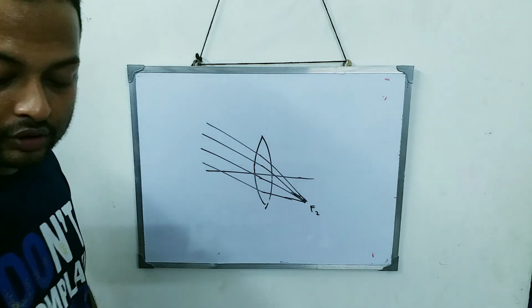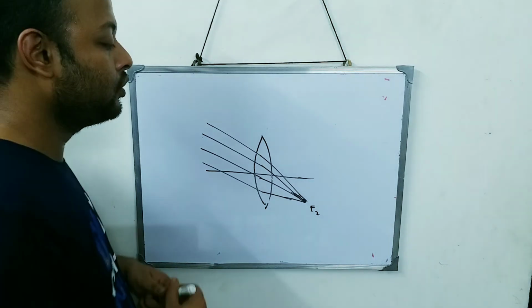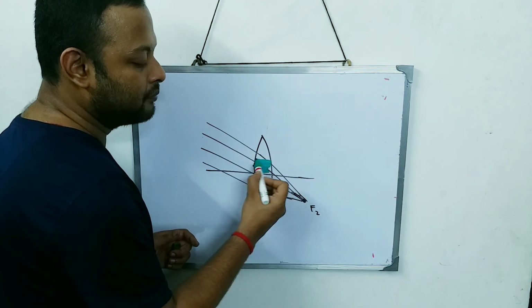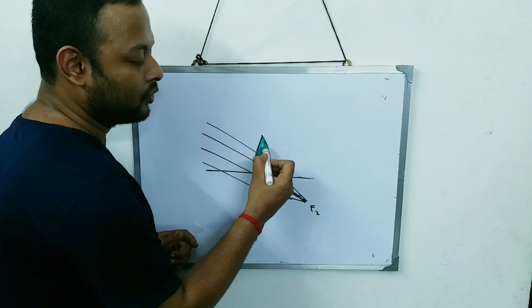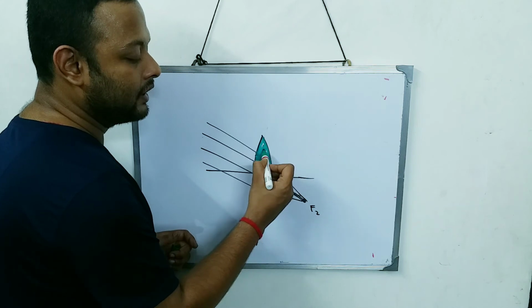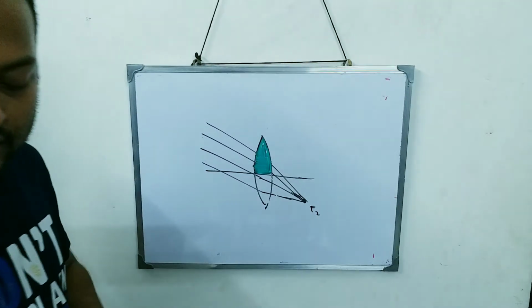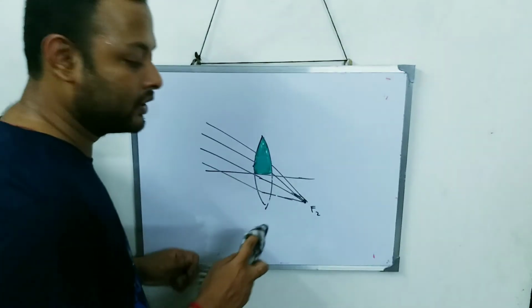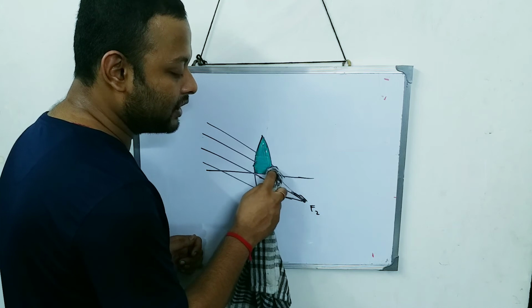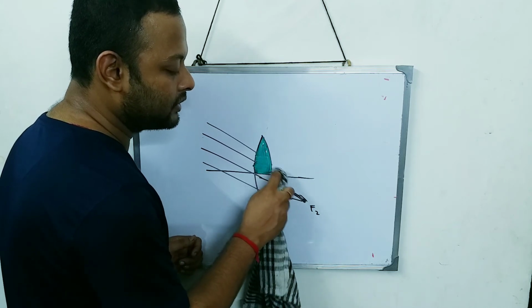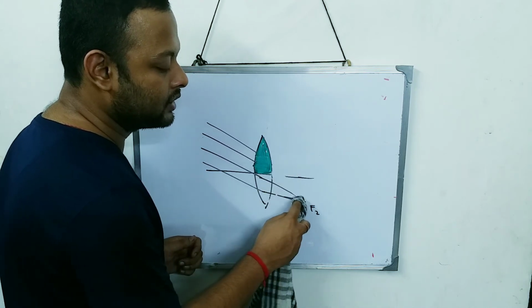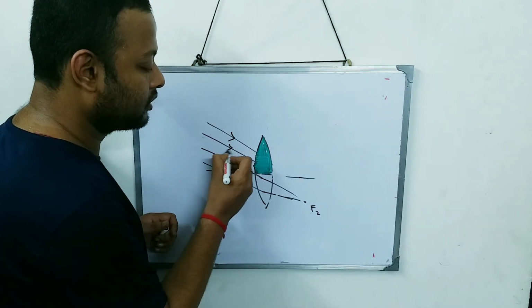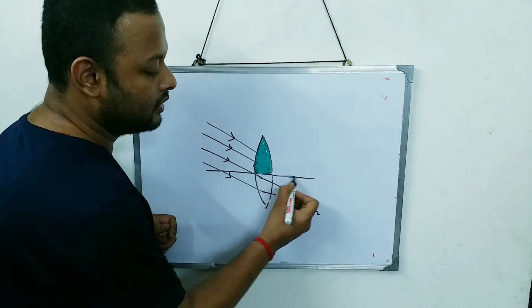Suppose I happen to cover the upper part of the lens with a green paper or a black paper. Then what is going to happen? With common sense you can say the first two rays won't be able to penetrate the lens.